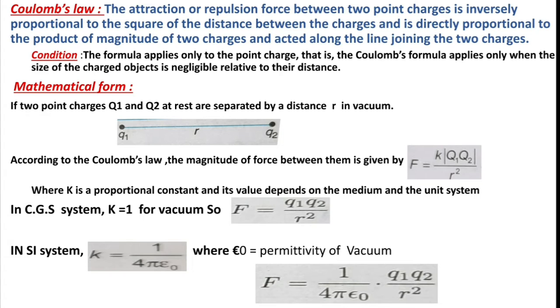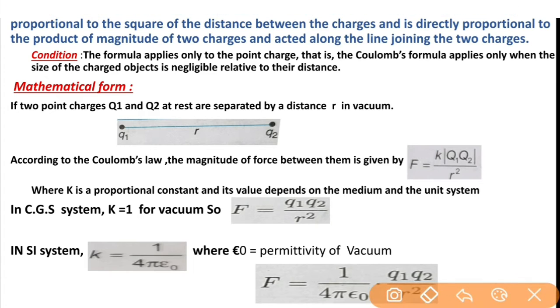Now the mathematical form of Coulomb's law. Consider two charges q1 and q2 separated by a distance r in vacuum.